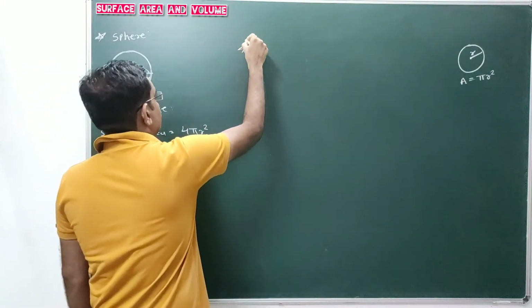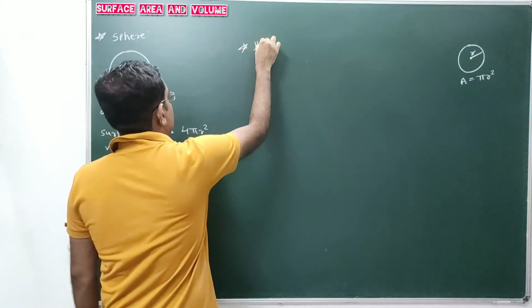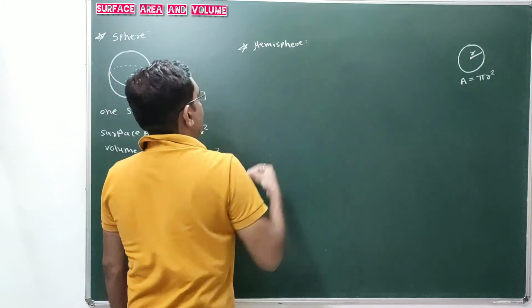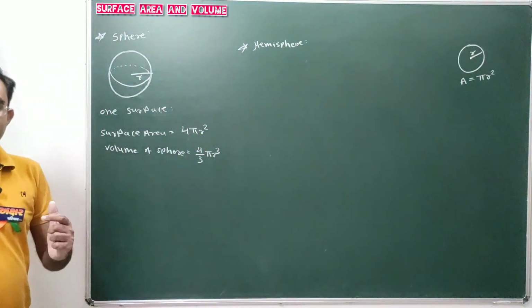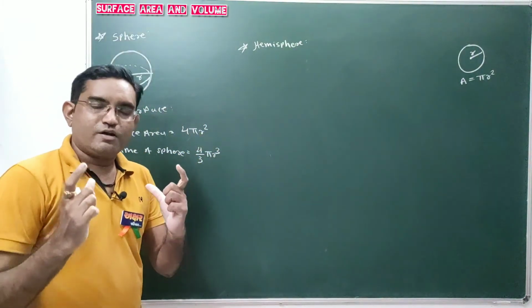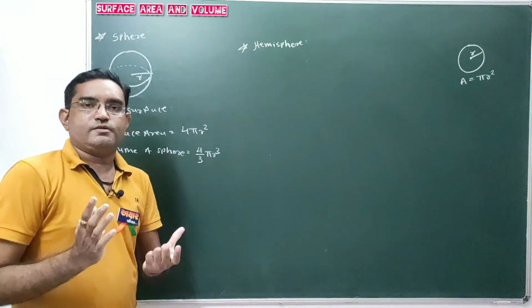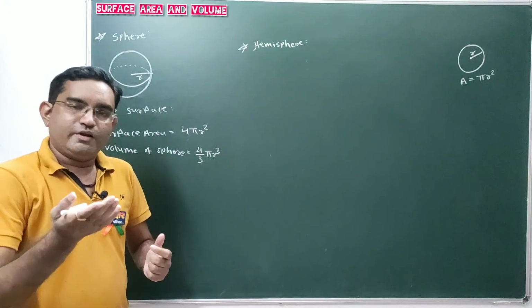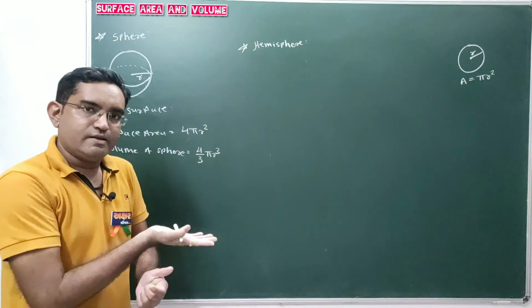Next one is hemisphere. So what is the hemisphere? For example, we are having a watermelon. That watermelon is in the shape of sphere. If you want to eat that watermelon, we will cut it from the center.